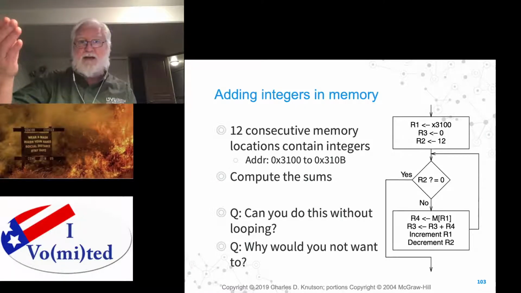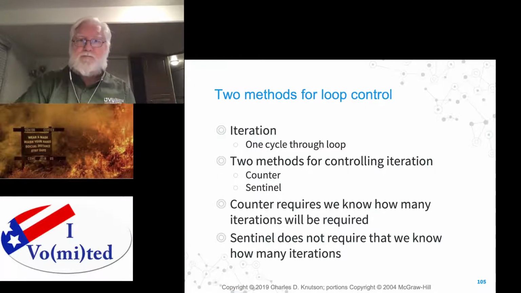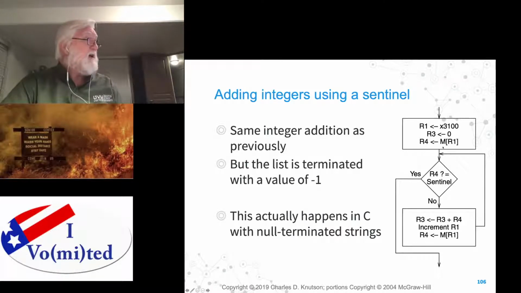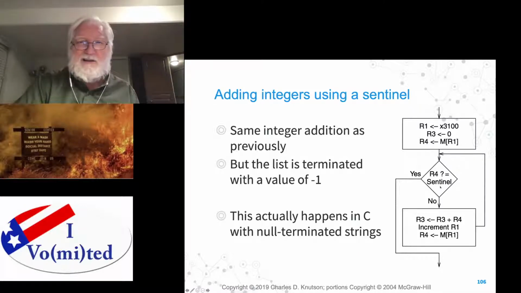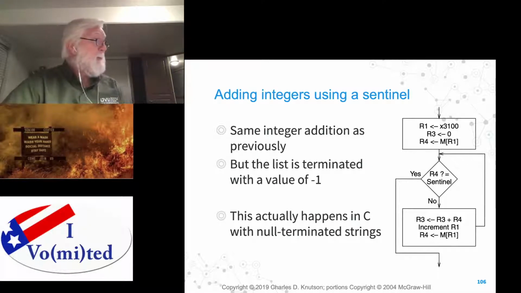And immediately it's like, are we at 0 yet? No, drop in. What we do now is, because we're looking for a Sentinel, we grab R4 out of memory. And what we really are saying is, look at R4. Is it negative? Is it -1? Or is it a negative number? If it's a negative number, we're done. If it's a non-negative number, we keep going. Okay? And that's the idea.